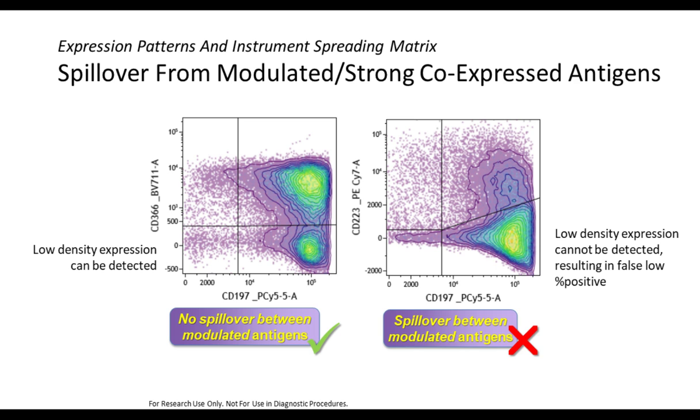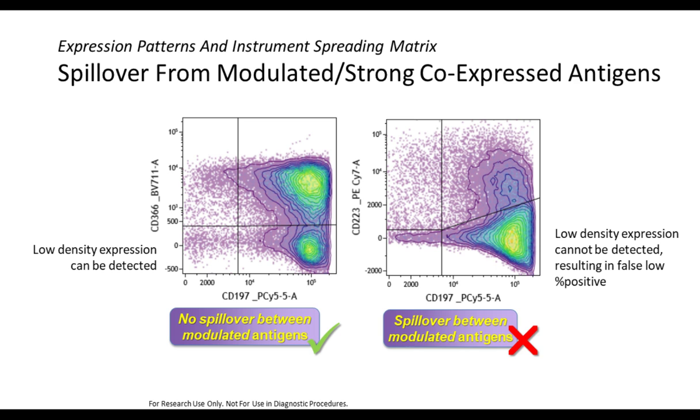And the result is that independently from, let's say, the CCR7 expression density, we can detect CD366 TIM3 with the same sensitivity. So regardless of a strong or a weak CCR7 expression, the sensitivity for TIM3 is independent from that.